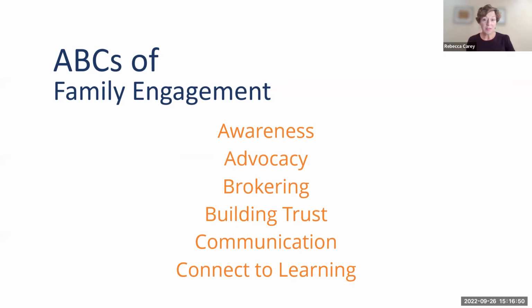We've touched on some of these around engagement being ongoing, mutual, and built on trust and respect, and that the engagement with families will be focused on student learning and achievement. So the first one is awareness. One way to raise awareness is to reflect on one's beliefs about working with families and one's beliefs about how families should support their children's education.